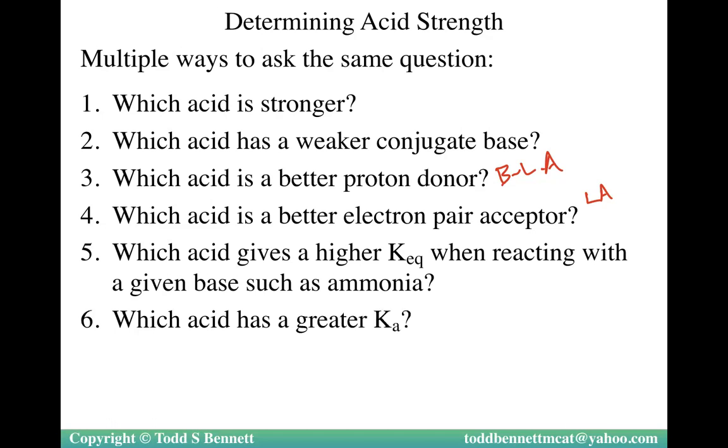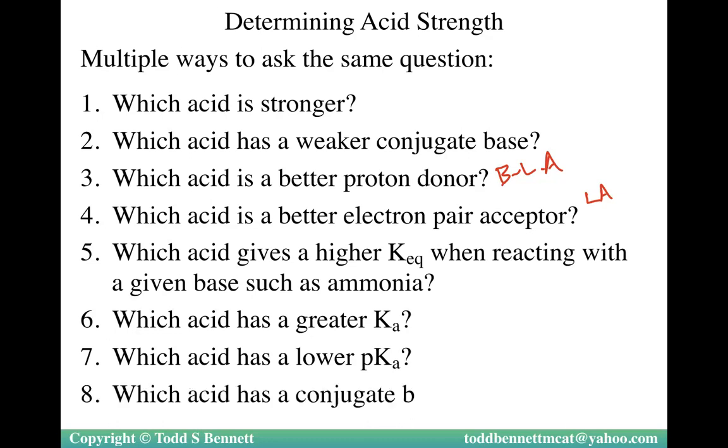Which acid has a greater Ka? Which one dissociates more? That could also be written as which one has a lower pKa. We looked at that. Which acid has a conjugate base with a lower Kb? Which conjugate base has a higher pKb? We can start getting completely carried away. I'm starting to run out of room, but there are so many different ways to ask the same question that you have to study in the following way.